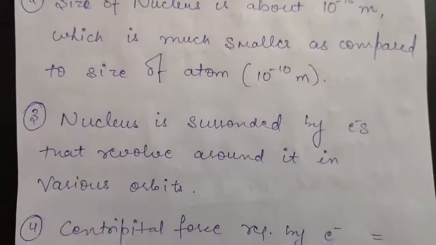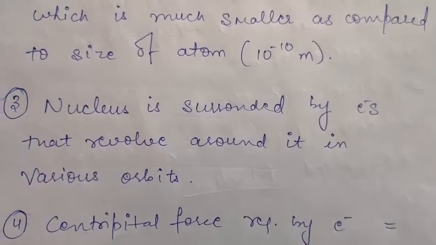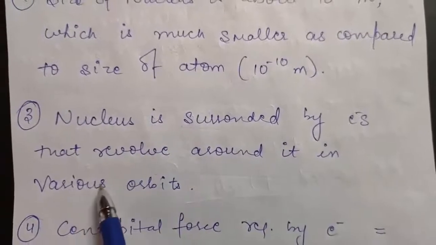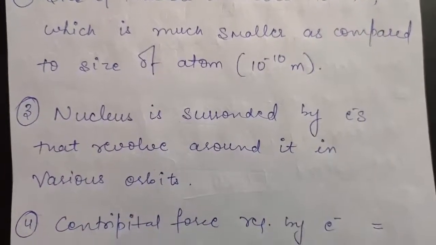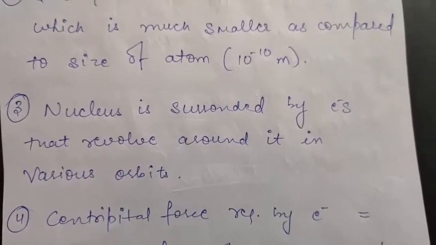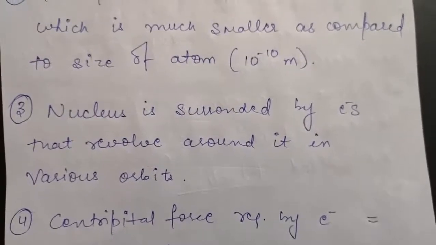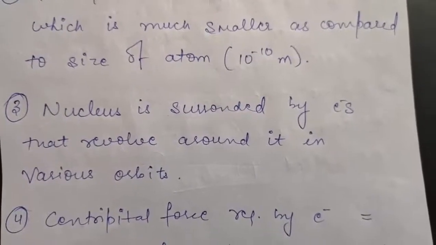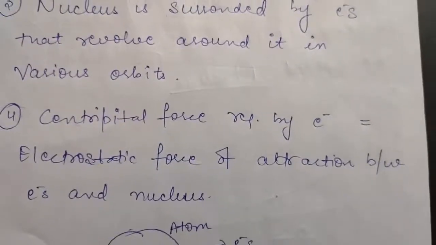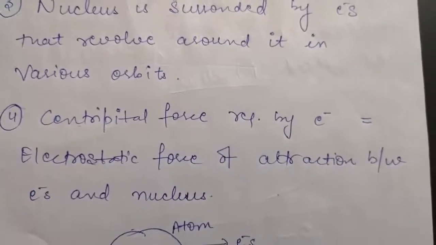Okay. So now, as I told you, the nucleus consists of all the positive charge of the atom. This nucleus is surrounded by electrons which are revolving around it in various orbits. We have also studied that the atom is electrically neutral, so the total charge on these electrons will be equal to the total charge of the nucleus. Now, if electrons are revolving around the nucleus, they will require some centripetal force.